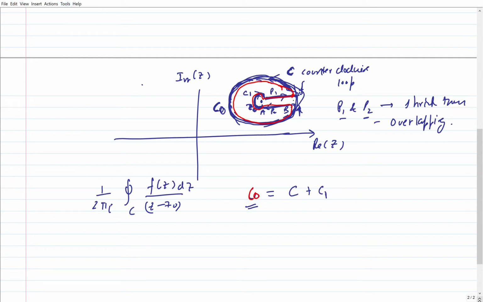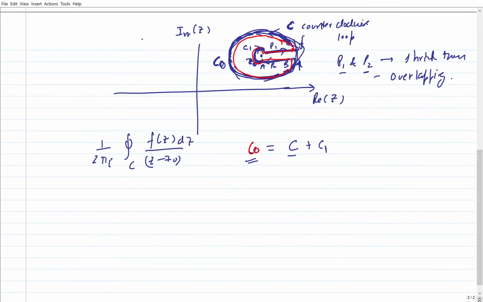C was my original contour, and as I shrink P1 and P2, this is equal to C plus a mini circle over here, C1. So writing in terms of the integral, that's the idea, and this was my point z0. So as z goes to z0, we also notice that the radius of the mini circle shrinks.